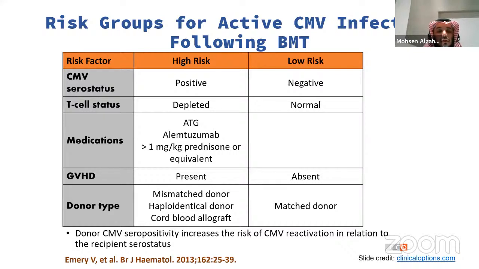Patients who develop GVHD are at high risk because they will be on multiple immunosuppressive drugs to control the GVHD. For donor type, a mismatched donor, haploidentical donor, or cord blood donor carries higher risk compared to a matched related donor.